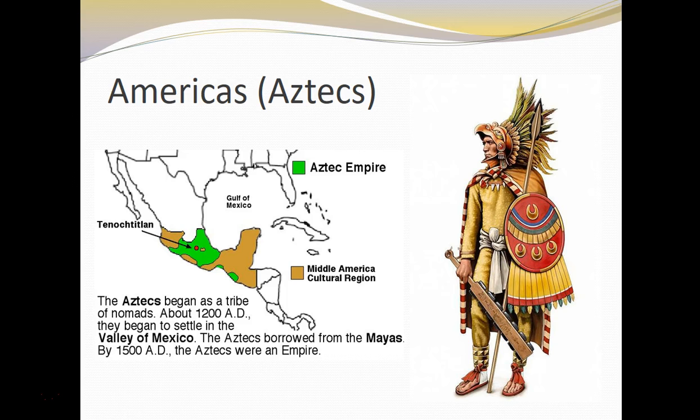They also built step pyramids, art, and here we see their stone weapons. This is a wooden sword that along it has pieces of obsidian, sharp volcanic glass along the edges to make the blades. You can see them stuck all throughout the sword.